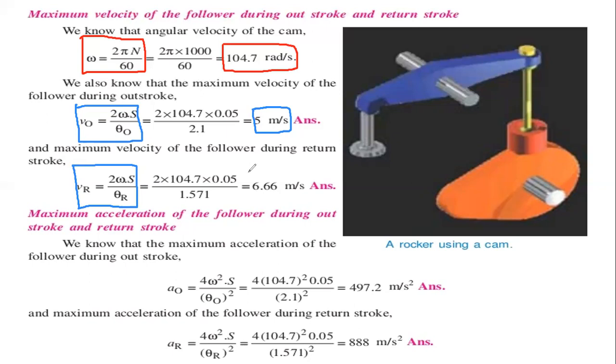So we have got the value as 6.66 meters per second. This is the value for the maximum velocity of the follower during the return stroke.